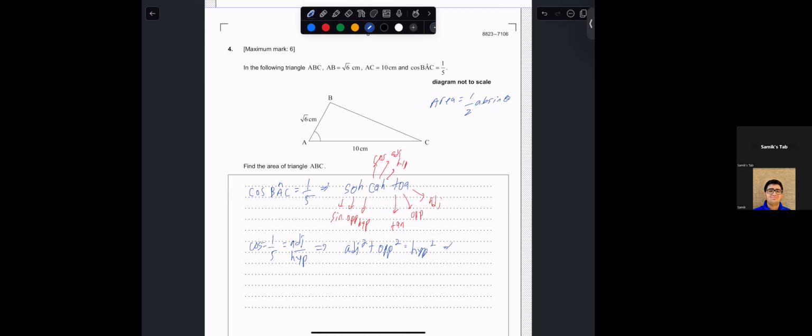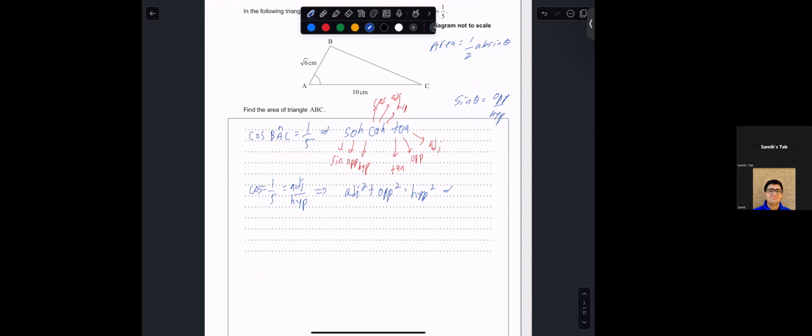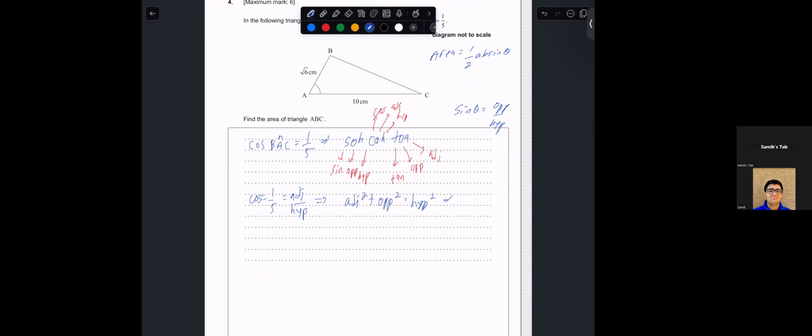Now for sine, we need our opposite, since sine of theta is equal to opposite over hypotenuse, according to SOHCAHTOA. We have adjacent, which is 1 squared, plus, you can call the opposite x squared, equals 5 squared, because that's our hypotenuse.